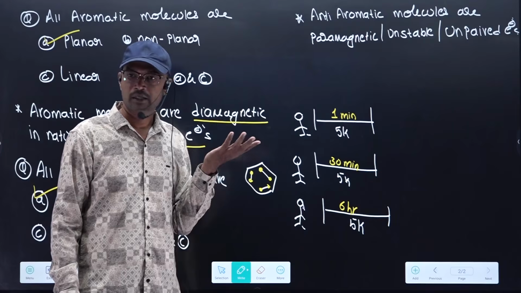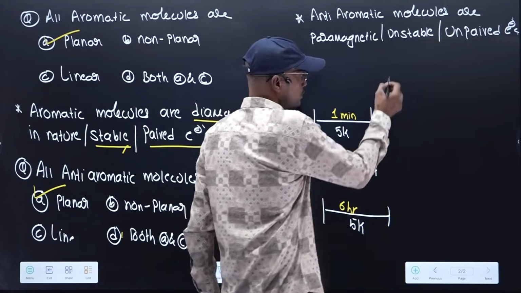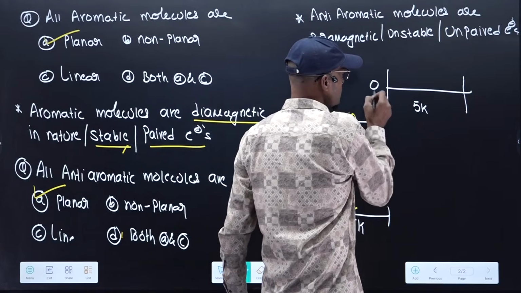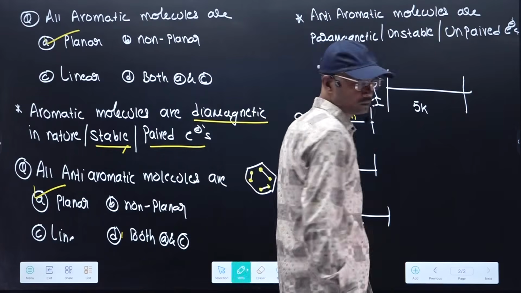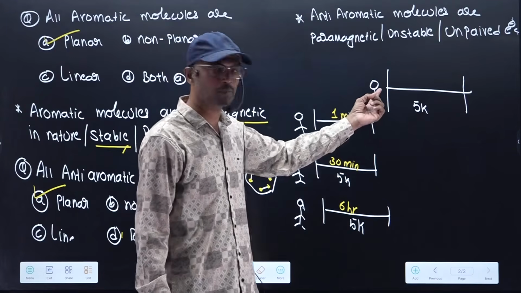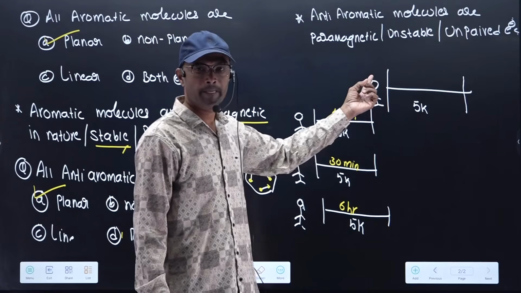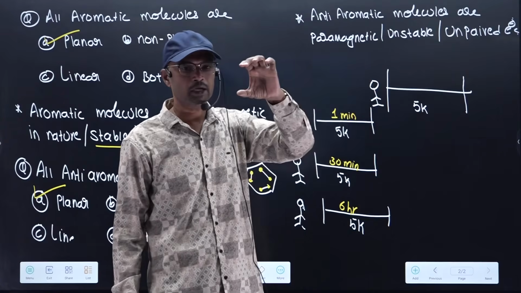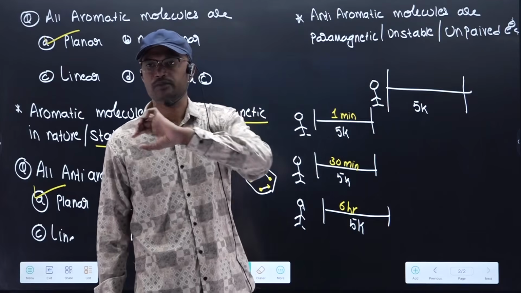Suppose this is your 5k run. Just try to observe this. One person is running here. Before starting this competition, you have more energy or not? So at that time you will run very fast or not? First you will run very fast, then you will drop your energy like this.